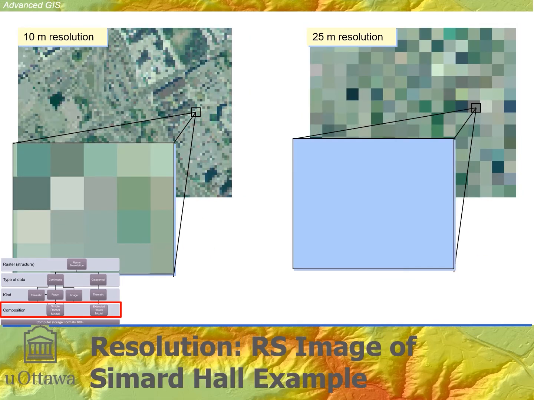At a 10-meter resolution, we can't reliably distinguish even between what is a building and what is a car, what is part of a building and what is part of a car or a parking lot or something. At this resolution, we can kind of see that, well, this is a green area over here. That's probably a building. Just using our own knowledge, I'm not sure what that is.